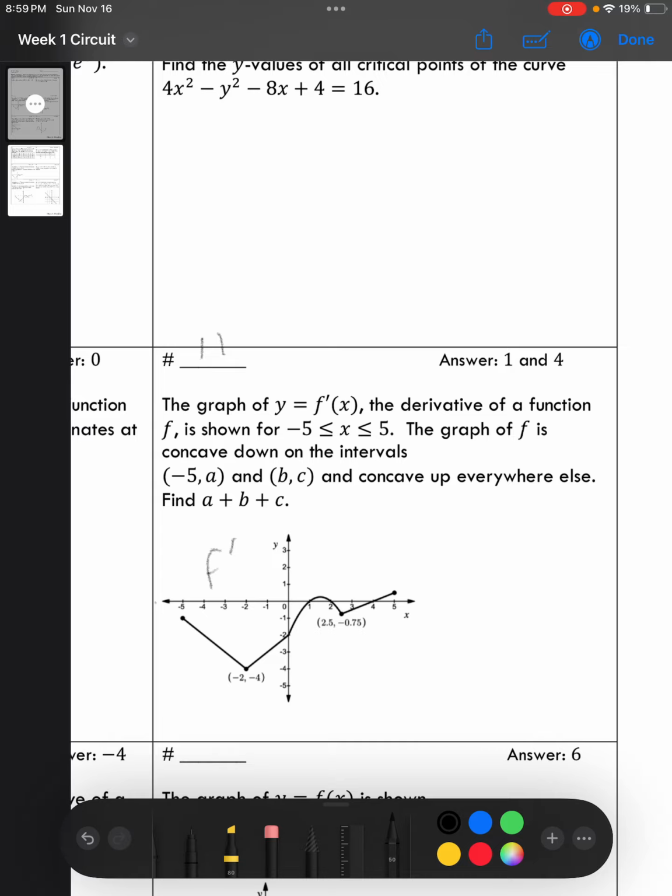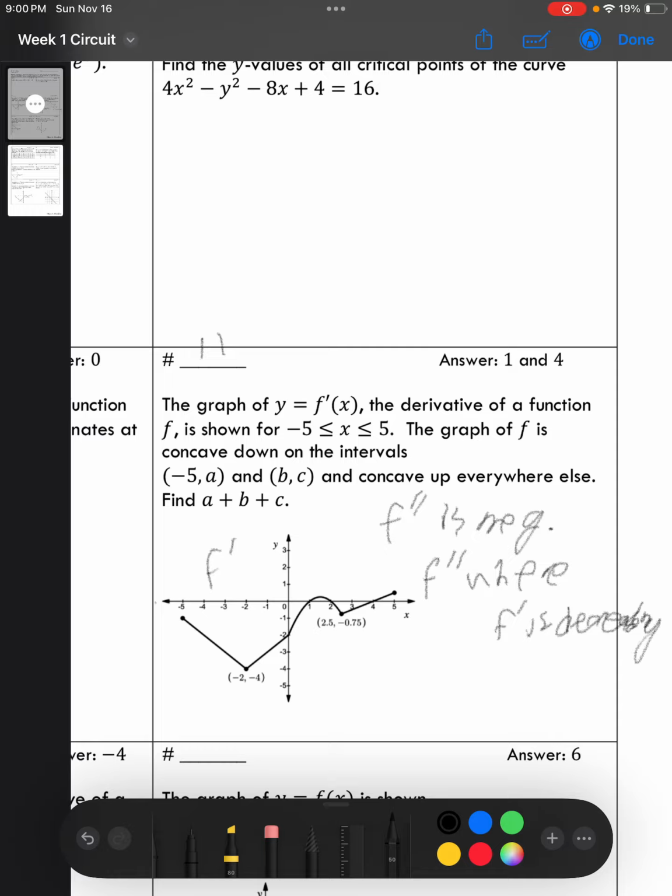So a neat trick here is that if this is a graph of f prime, f is concave down when f double prime is negative, right? So we need to find where f double prime is negative. And f double prime is negative where f prime is decreasing.